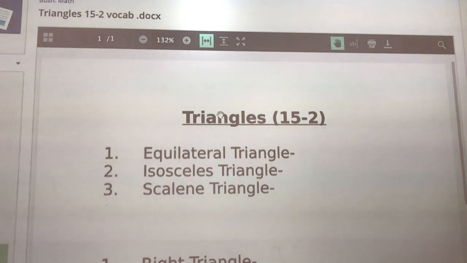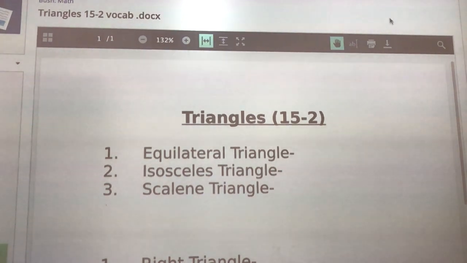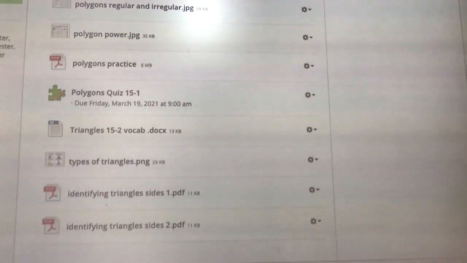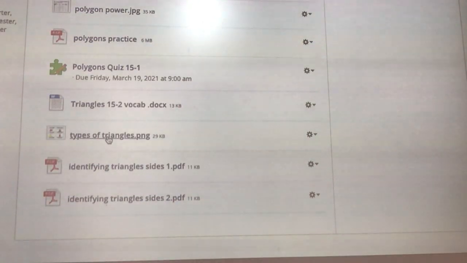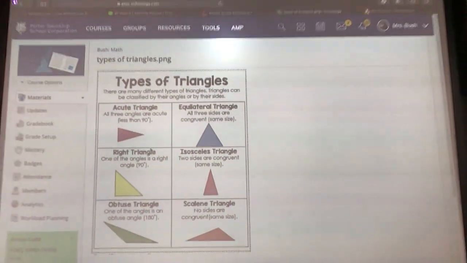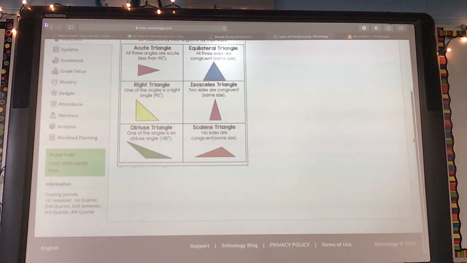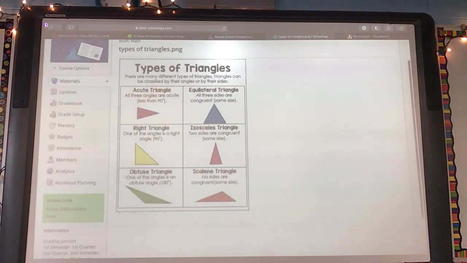All right, so let's take a look at a sheet to help us here. I have saved for you under math. If you scroll down, types of triangles under Schoology. And this is our help sheet here for math.